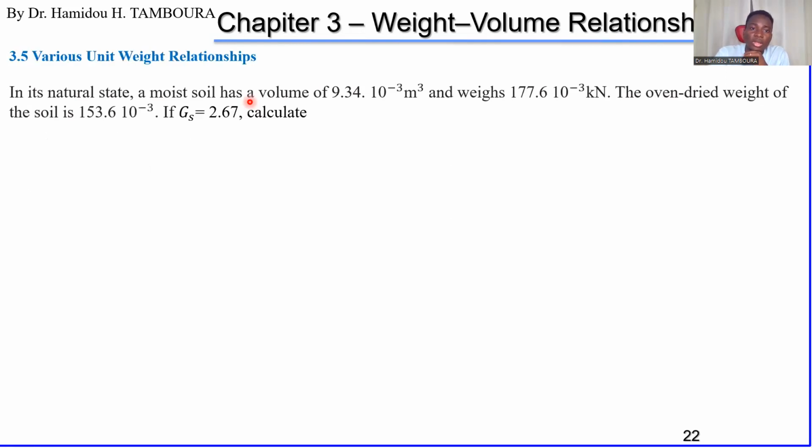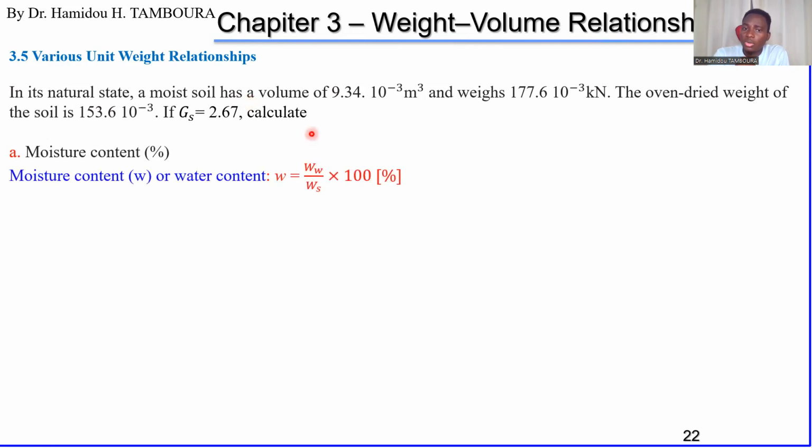We are going to do this step by step and explain how we can get all these parameters. First, water content, the moisture content. If you remember the formula, as a reminder, we can obtain this water content by using weights or masses.